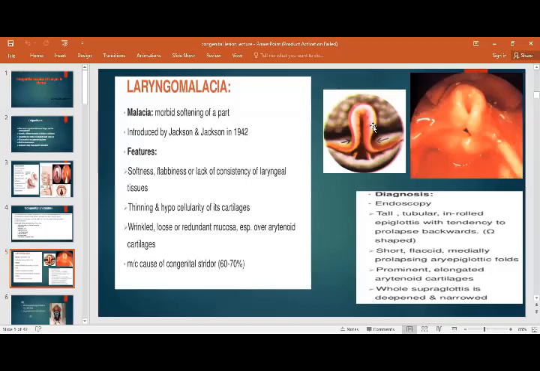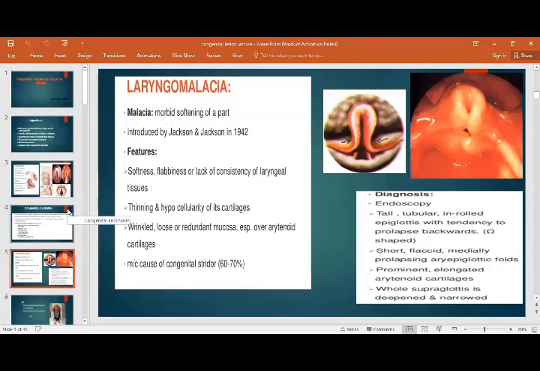Sometimes before going further, the presentation is very common in these cases. Whenever the patient comes to you, the mother will say that this is a particular sound which he's producing.